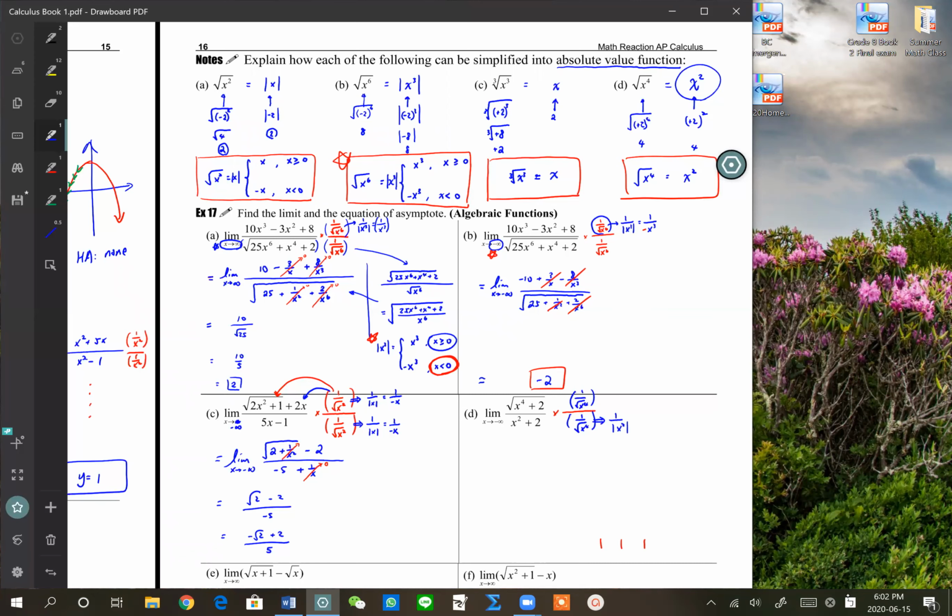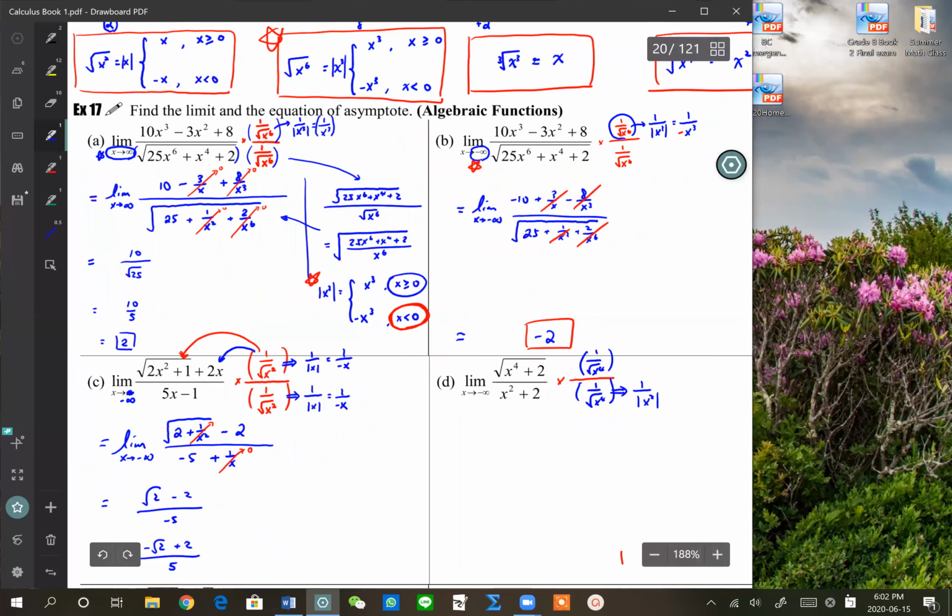D. Yes, D. So if you look at D, what does it equal? X squared. Yeah, so it doesn't go to absolute value at all. It's just straight to x squared. So that's how you pick. So this one will be x squared.